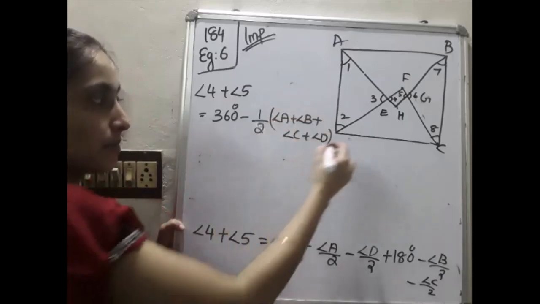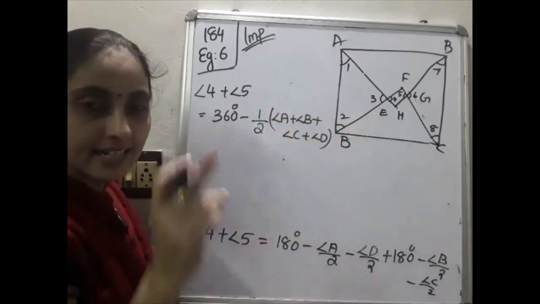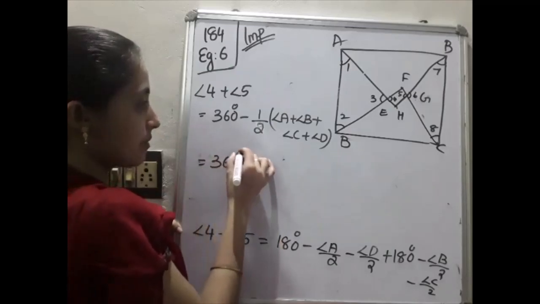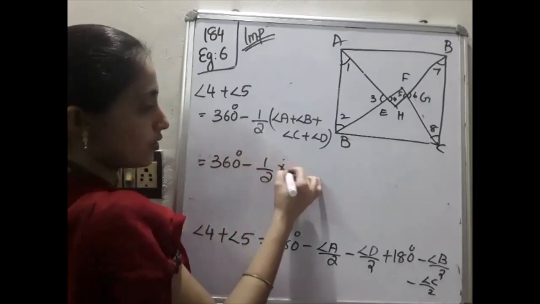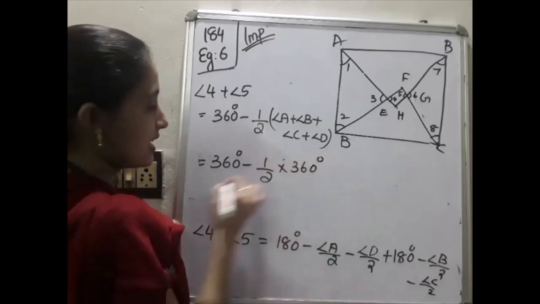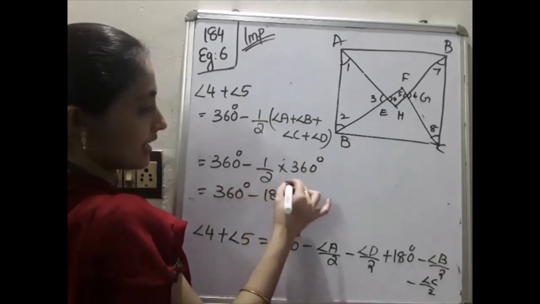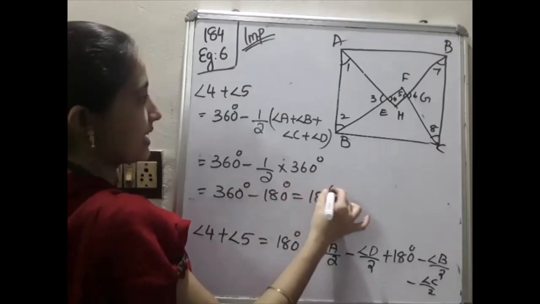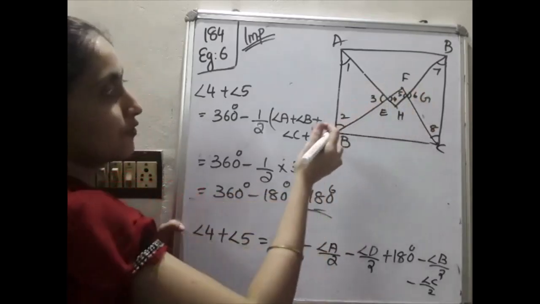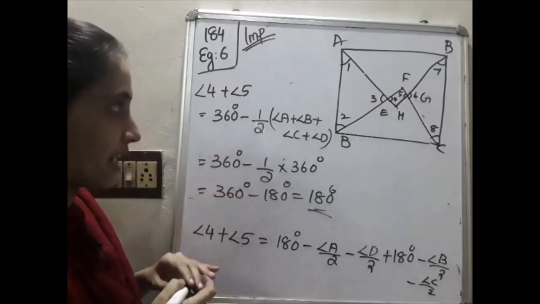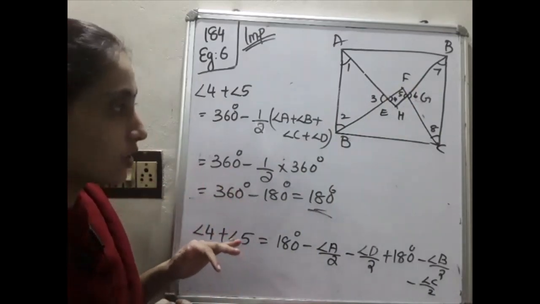Angle A plus angle B plus angle C plus angle D. That is the quadrilateral. The sum is what? 360 degrees. So you can write 360 degrees minus half into 360 degrees. That is 180 degrees. Is it? So 360 degrees minus 180 degrees will be equal to 180 degrees. That is angle 4 plus angle 5. That is, this and this sum to 180 degrees. So we can say it is a cyclic quadrilateral.